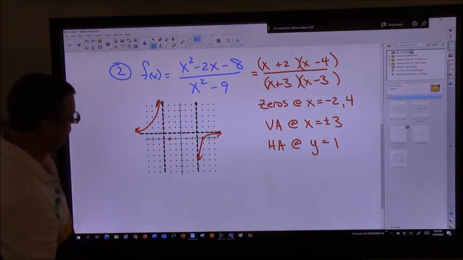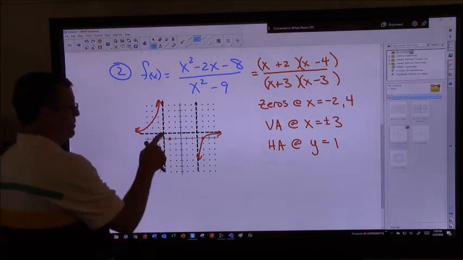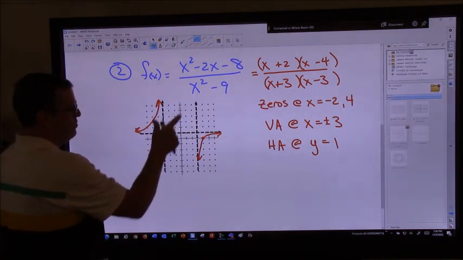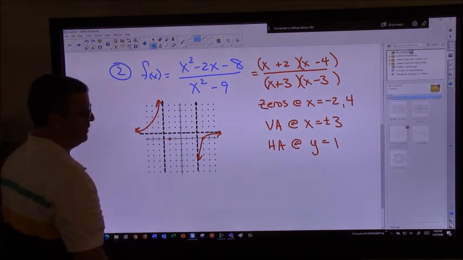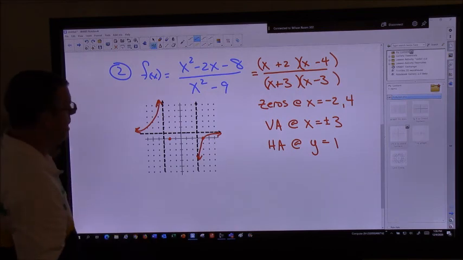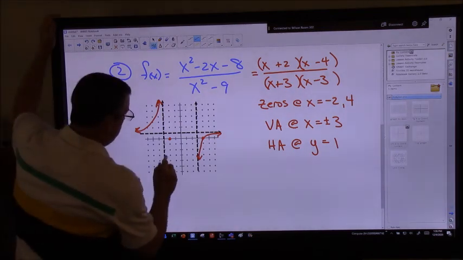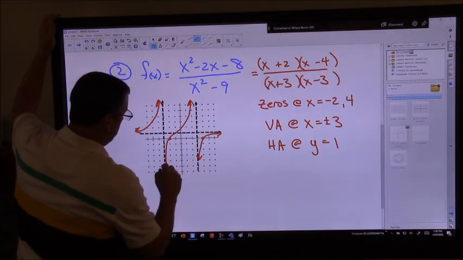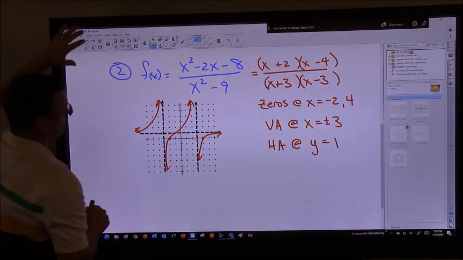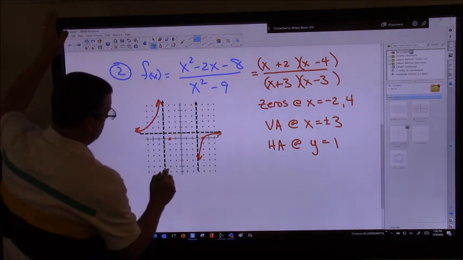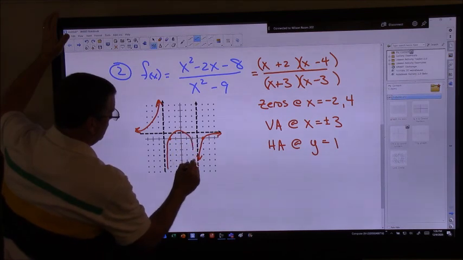Now the big question here is, what's happening between these 2 vertical asymptotes? And there's a lot of different things that can happen. You can have a graph go like this, getting close to the 2 asymptotes. You can have a graph that goes like this and comes back down.